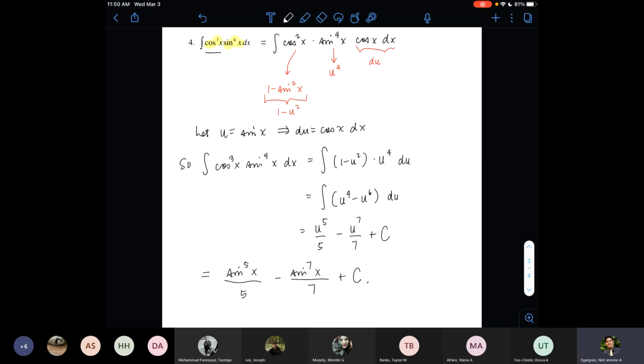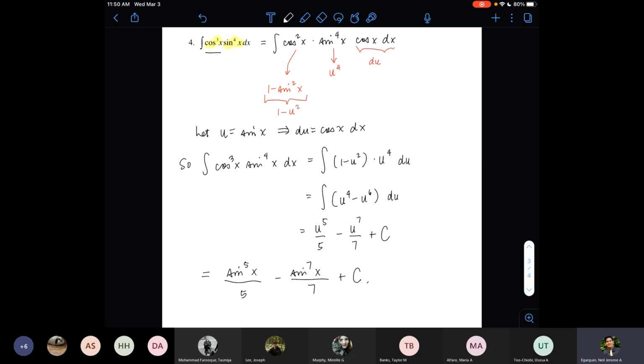If both of them are odd, then you can still do this, right? So say if you have cosine cube x, sine cube x dx, you can choose whether to isolate a cosine or a sine. That doesn't matter, as long as you take one from an odd power and then reserve that for the differential du, right?